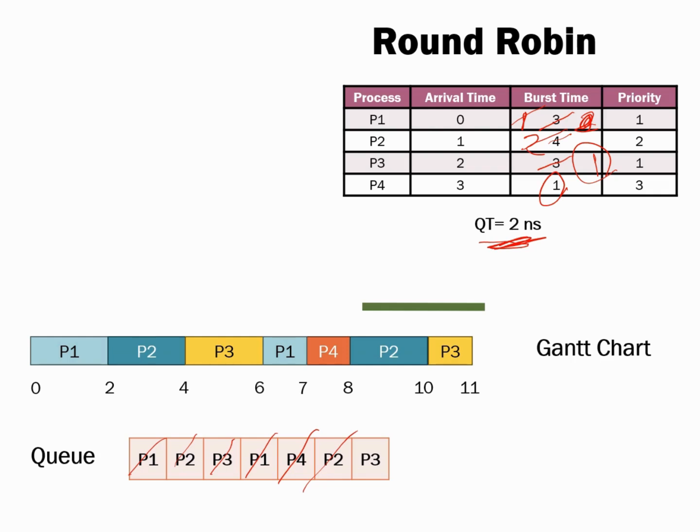We assign the CPU to P3, the queue is empty now, and scheduling is completed. We used the round robin scheduling algorithm with quantum time 2 nanoseconds.